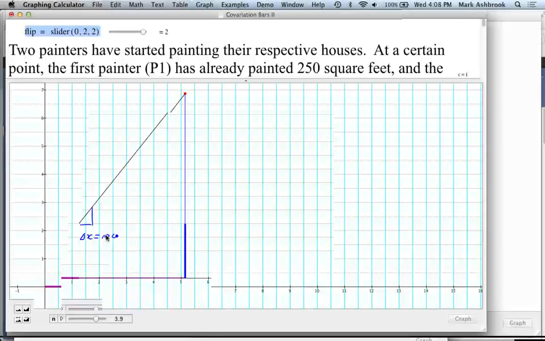So if delta x is 100, delta y is? And if painter 1 paints 300, say 1, 2, 3, how much will painter 2 paint? 375. Right, 1.25 times 300.